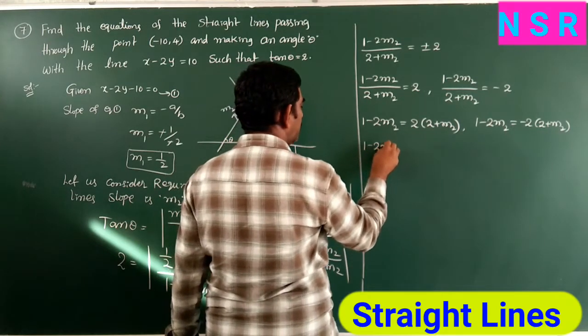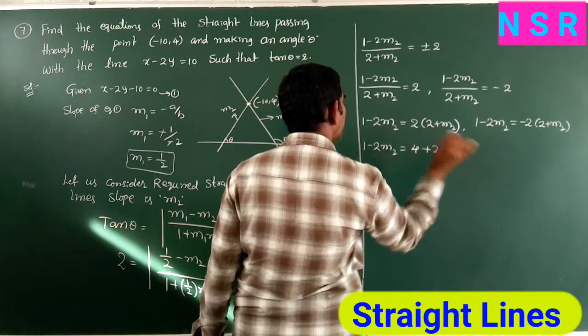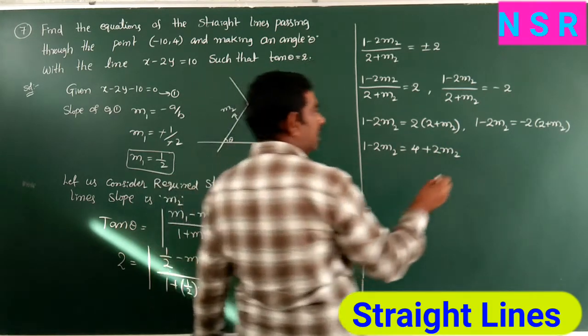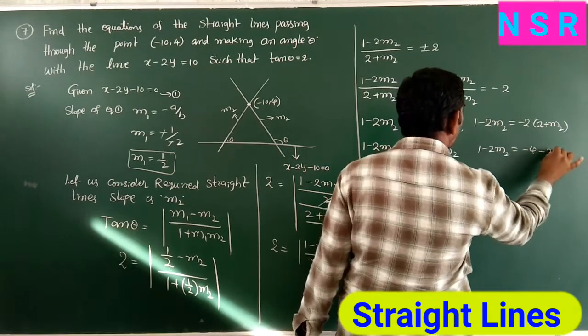So 1 − 2m2 = 4 + 2m2, and here 1 − 2m2 = −4 − 2m2.